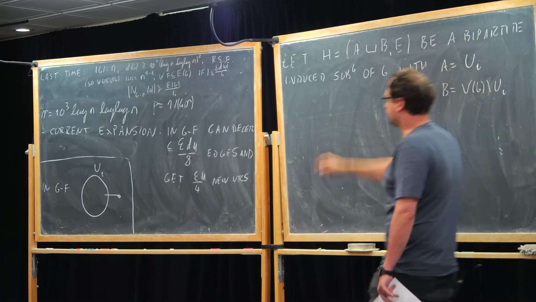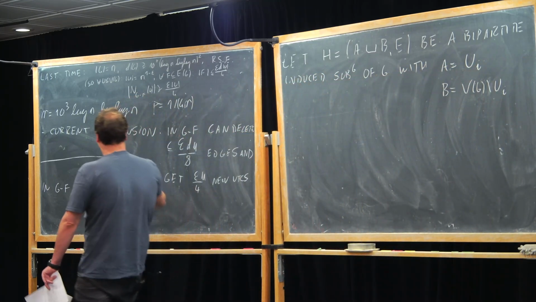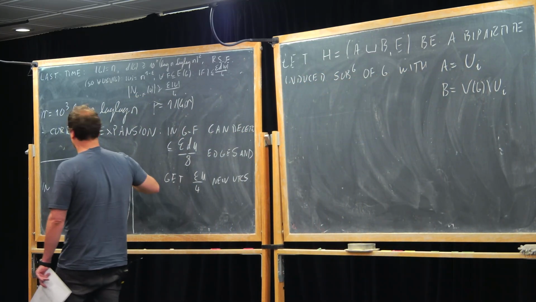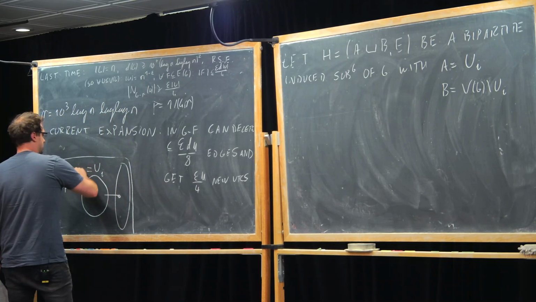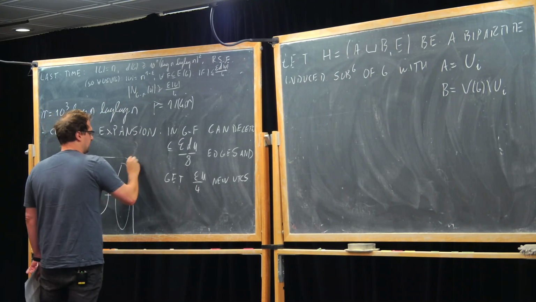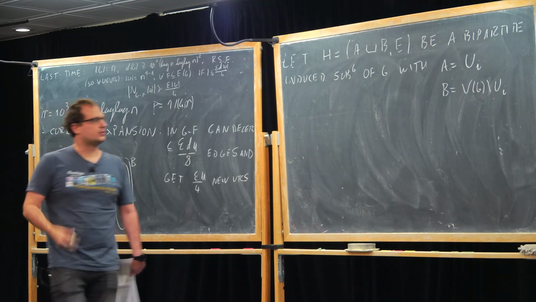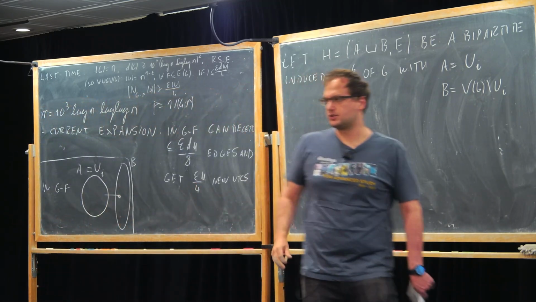Right, so this is precisely what I tried to draw there. So we only care about the edges that go from U_i outside. And we are just calling this A and calling this B, because they will update dynamically now through the argument as we do some cleanup to actually get this to work.